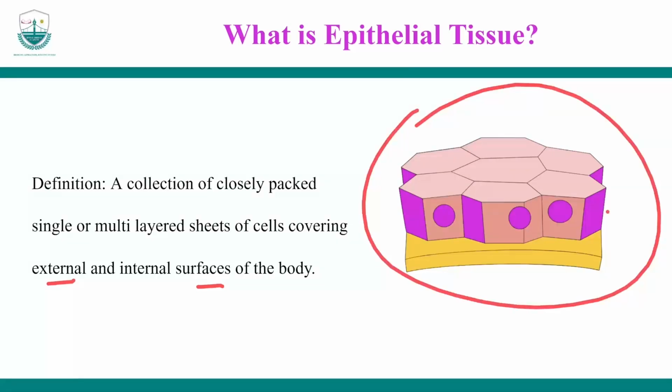We often use the words one cell thick to refer to that single layer of cells. But if you have this layer and another layer on top and another layer on top, those are multi-layered epithelial tissues. That means that you have several layers of cells, one over the other.